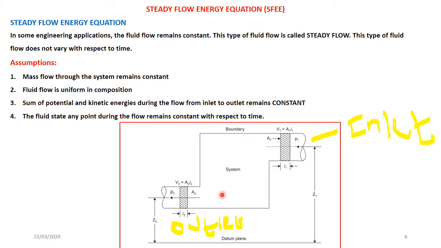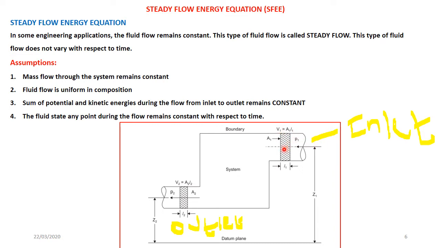What happens if any fluid is passed in the first section? Of course it will have pressure and volume, and it enters in the area here, area A1, and it falls to this pressure and enters into the outlet.